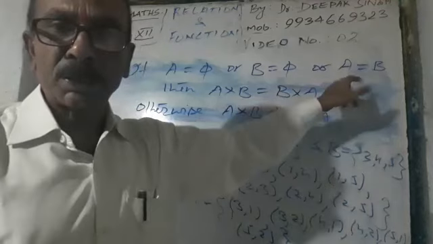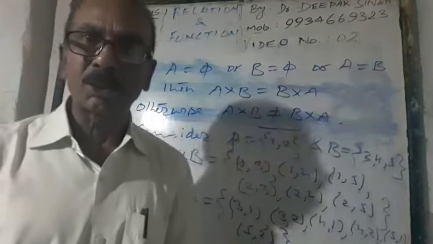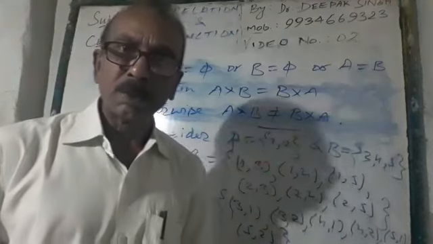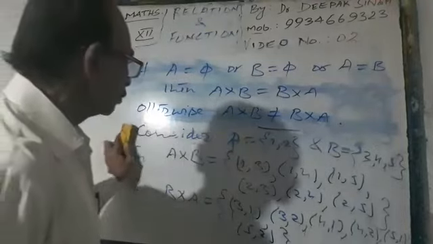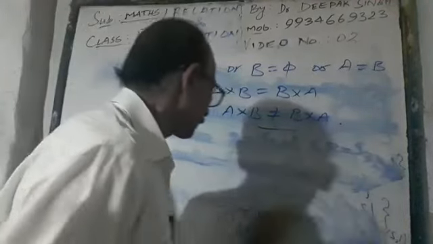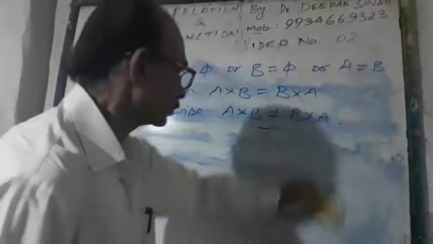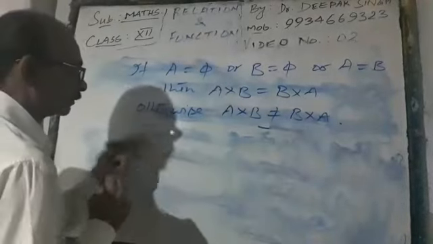When A is equal to B, suppose A has 1 and 2 and B also has the elements 1 and 2, then naturally both of them would have what? Watch.